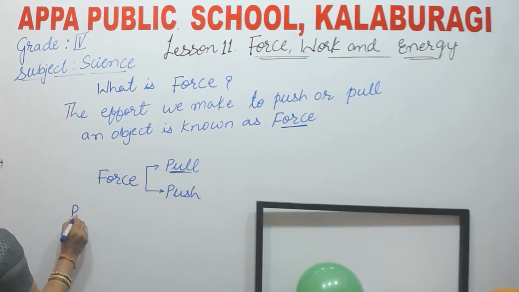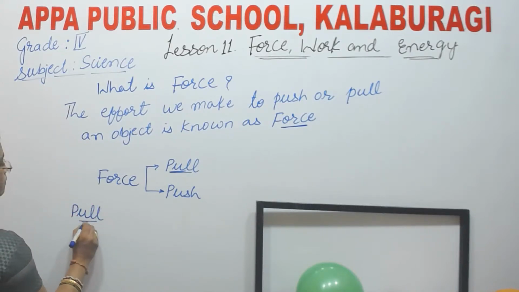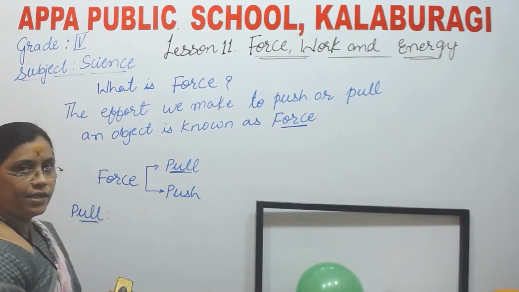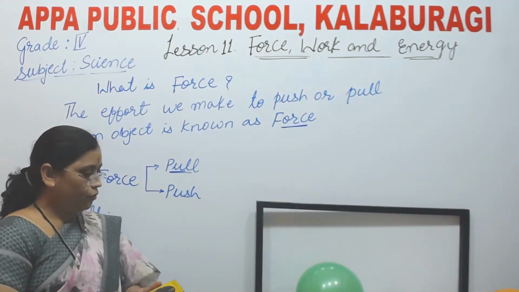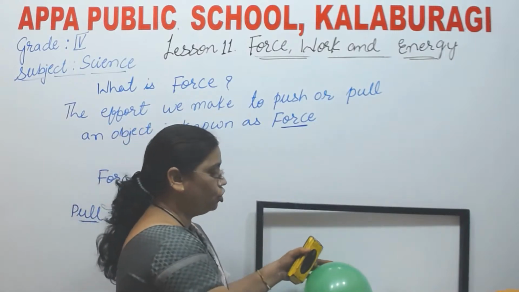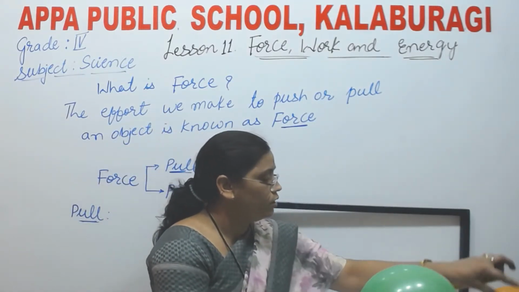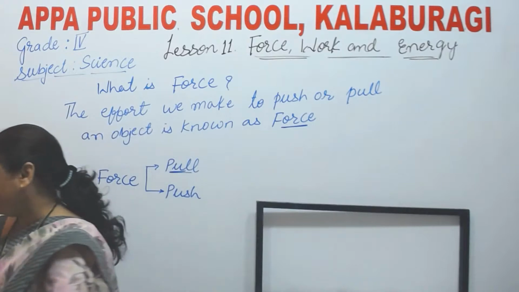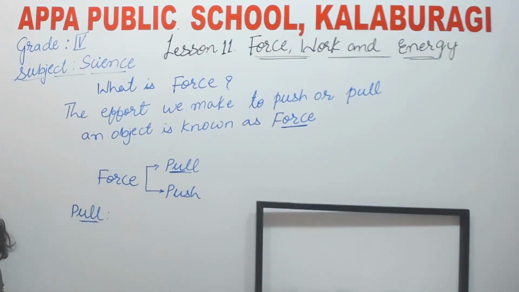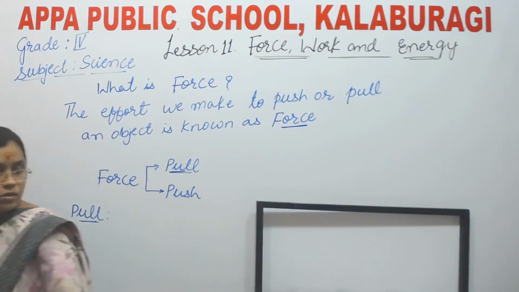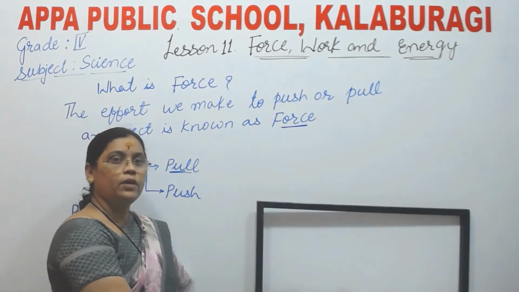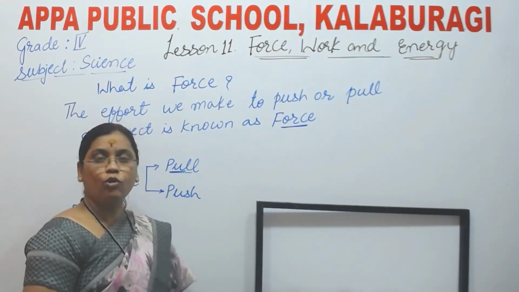Pull. Pull is also an effort which makes the objects move. I will show it by taking an example. So this is a table here. It is at rest. Is it moving now?